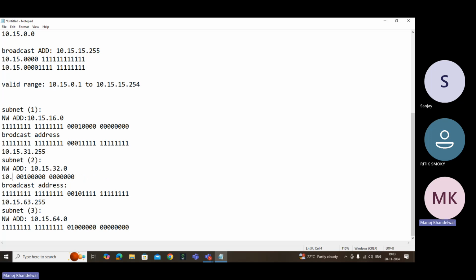10.15 network part, like that it should be. Similarly here also 10.15, like this it is going to be. And then you convert: this is going to be 32. 1, 2, 4, 8, 16, 32.